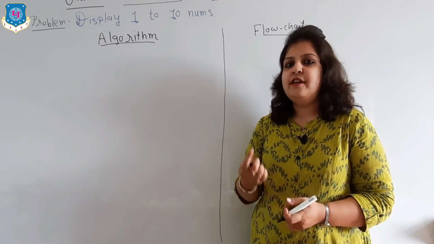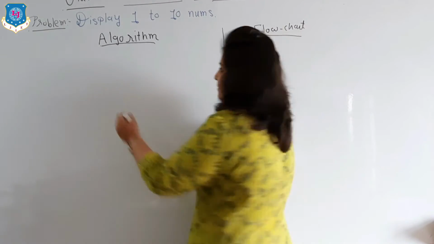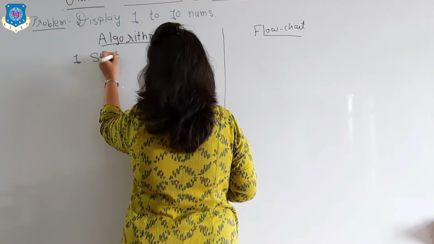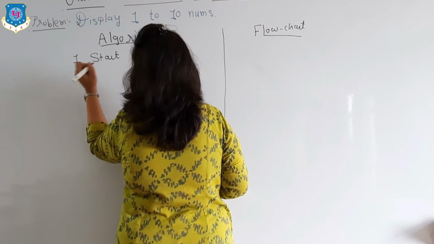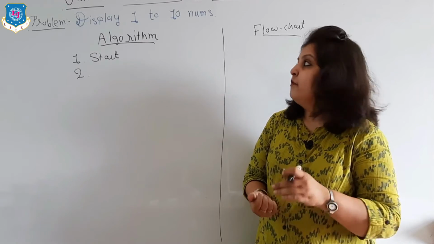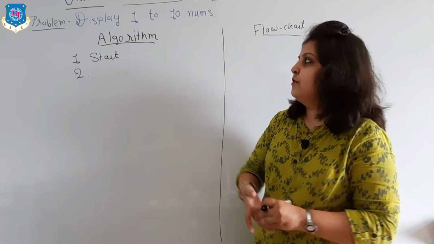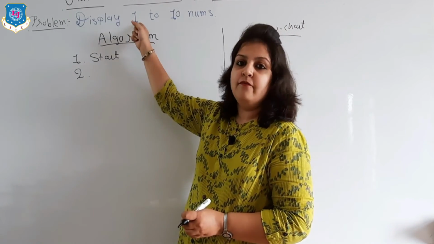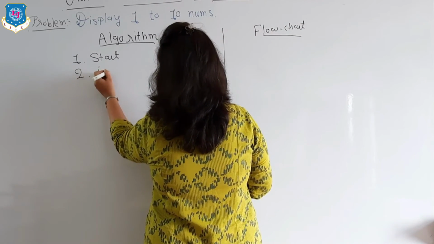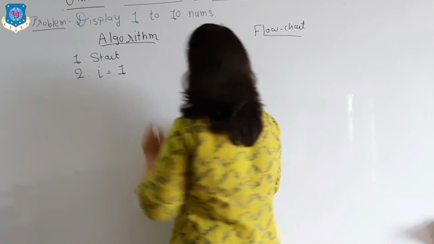First of all, our first step is start. Our next step is where we have to start. Here our starting is from 1, so just take one variable and assign the value 1.